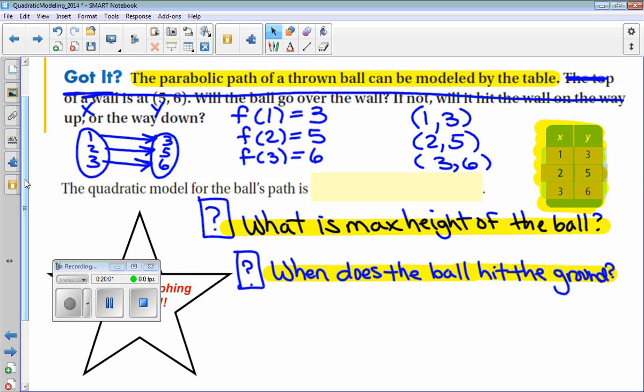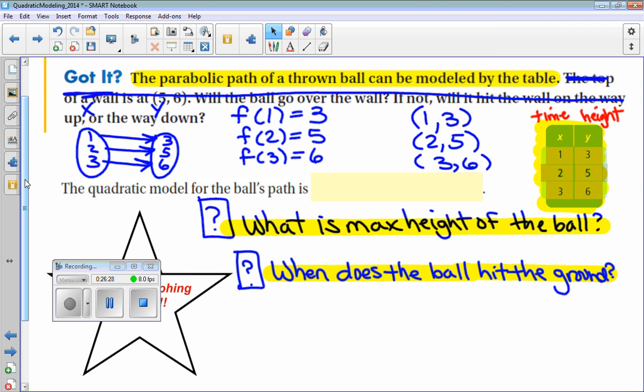So we have to ask some questions here. What things am I measuring? Well, I'm talking about the height of the ball, and I'm talking about when. When is a time situation, don't you agree? So we're looking at the height and time. Time is always going to be your x, and your height is always going to be your y.